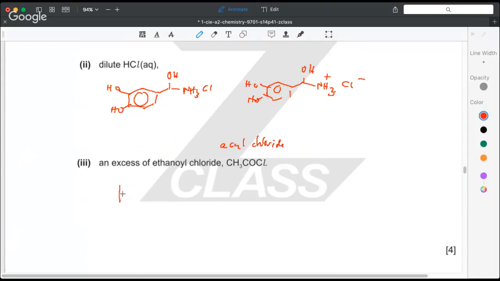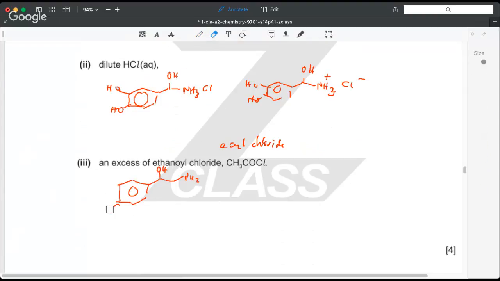So here's your noradrenaline. And this acyl chloride can actually react at all points. So those ones are going to become esters.